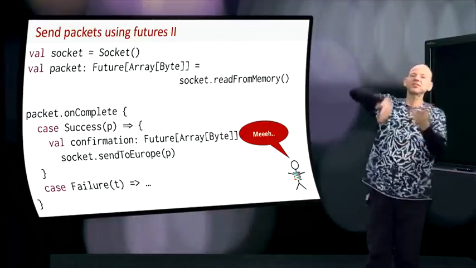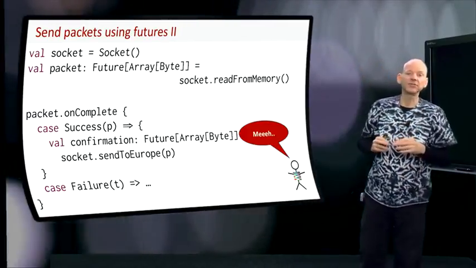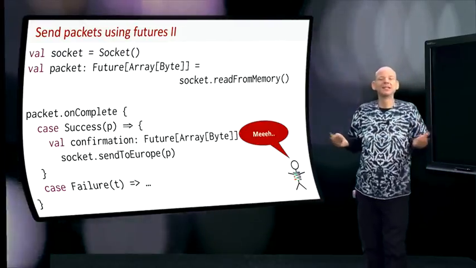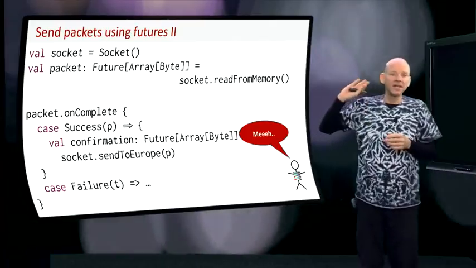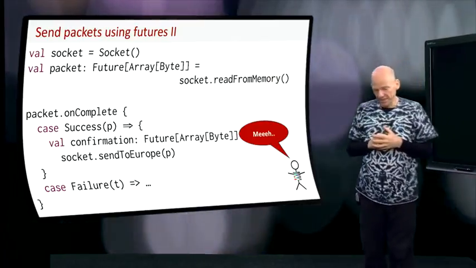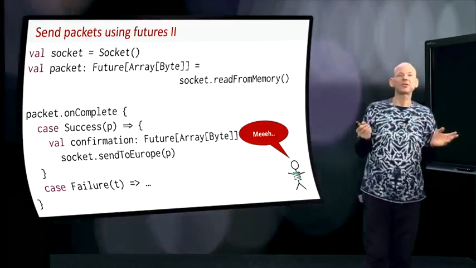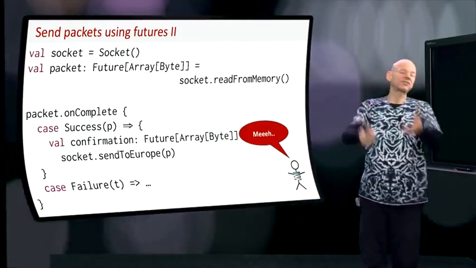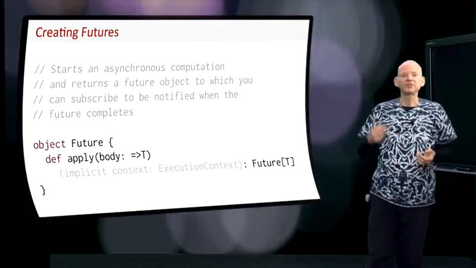So this is the problem with callbacks. Your code gets all tangled inside out. So that's not very handy. But let's push this to the next lecture when we're going to talk about the higher order functions on Future. Let's just look a little bit more at how we can construct Futures and so on.